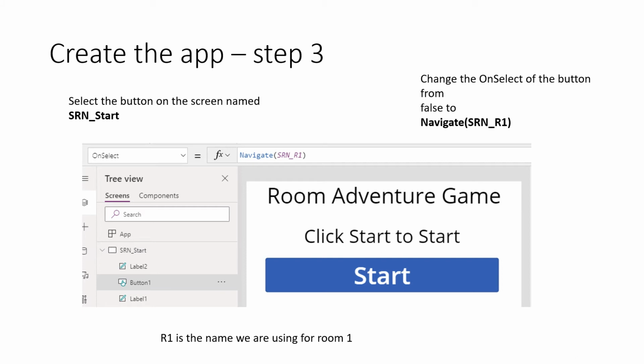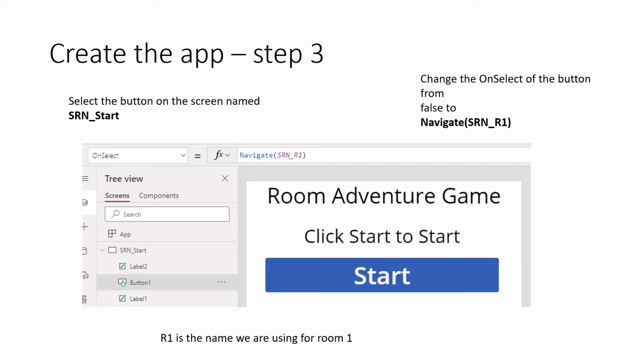When you've got your button there, then we need to add in a tiny bit of code, and that is: click on the button in your srn_start screen and change OnSelect. It'll say here false. Delete the false and change it to Navigate, round brackets, srn_R1.